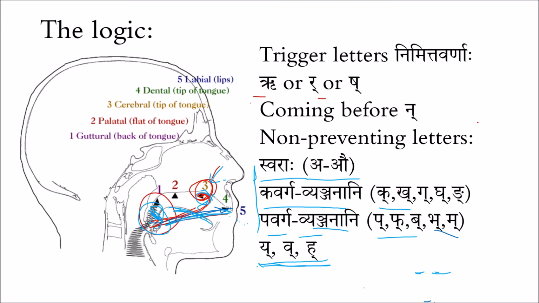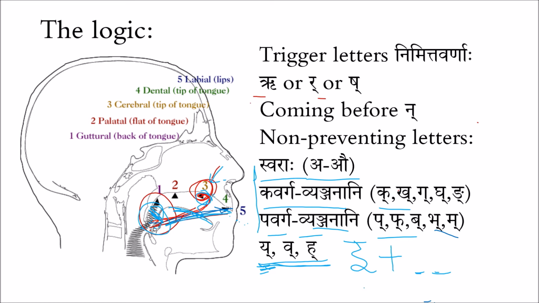Let's look at these letters. What is ya? What is the sthanam of ya actually? The sthanam of ya is talu, which is number 2. But number 2, like sha, is a preventing position. Changing na to na should be prevented, but it doesn't prevent here. Why? Because ya is like an intermediate consonant.